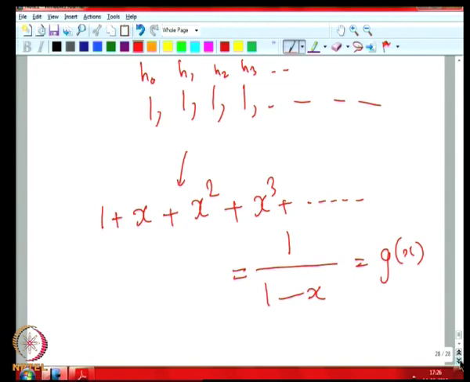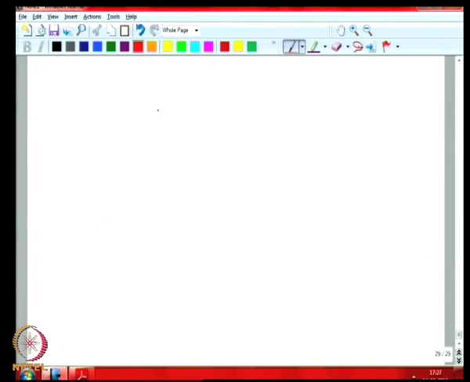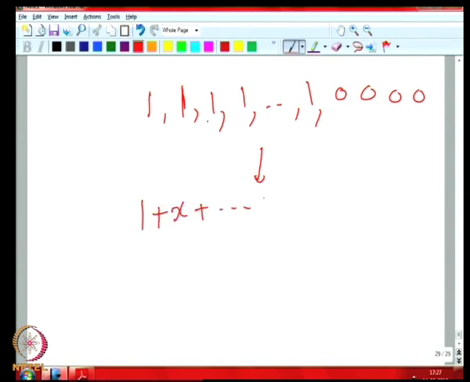If you want to convince yourself, you can recall that suppose there are n ones and later all are zeros, then what will be the corresponding generating function? It will be 1 plus x plus up to x raised to n.